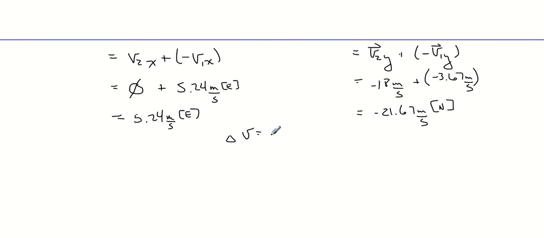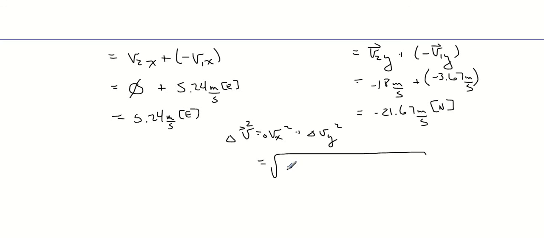Okay. Now, delta V from its components is equal to delta Vx squared plus delta Vy squared. And, sorry, this is Pythagorean theorem. Delta V squared is equal to delta Vx squared plus delta Vy squared.